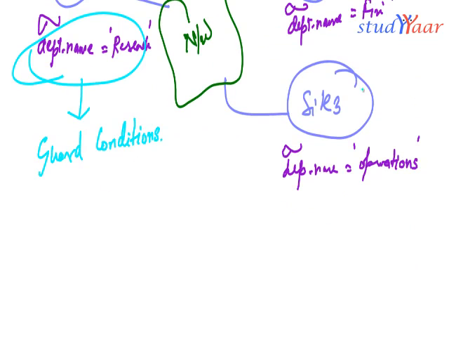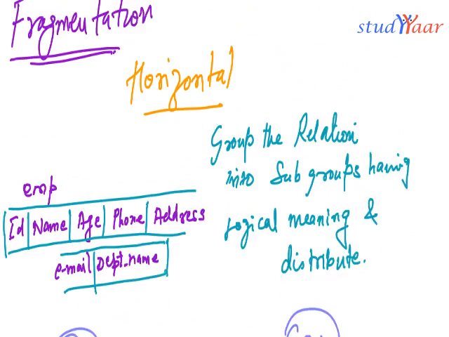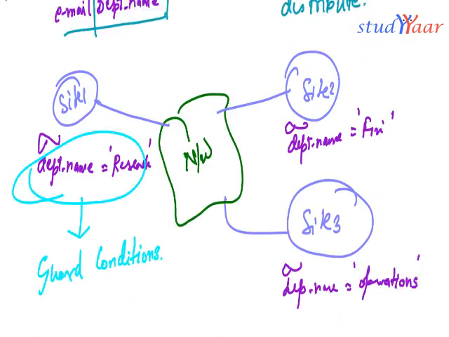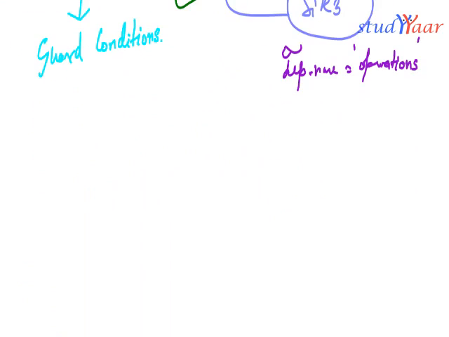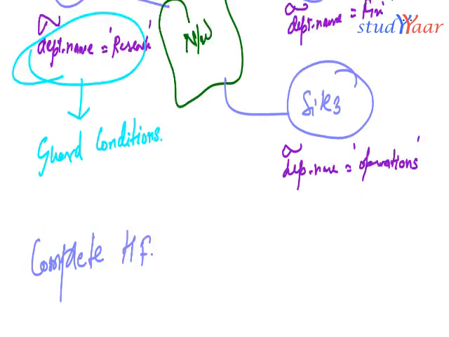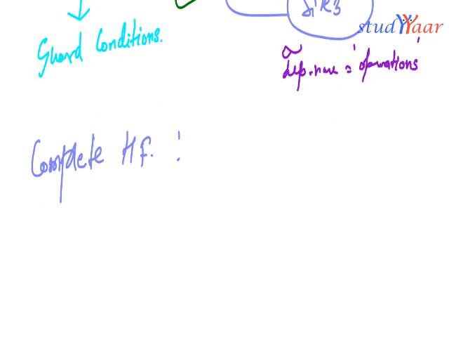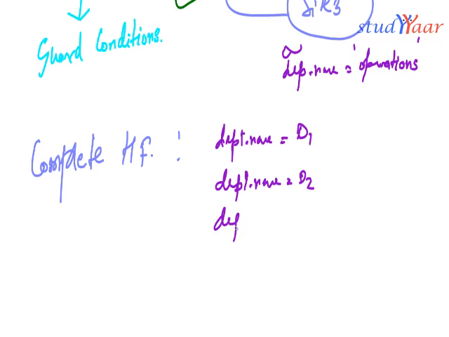So that was my horizontal fragmentation. Let's now look at complete horizontal fragmentation. Let's suppose I have 3 fragments: department name is equal to D1, department name is equal to D2, and department name is equal to D3.